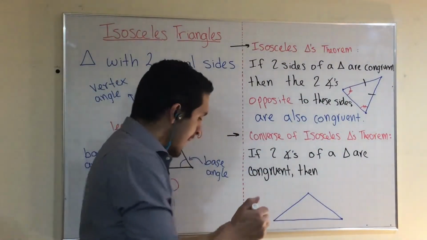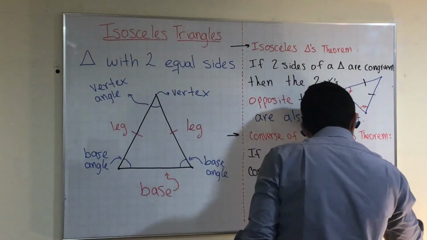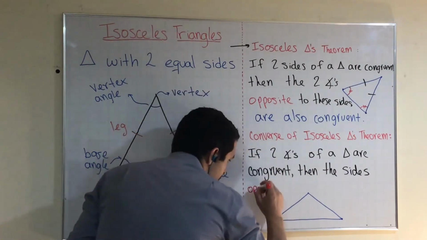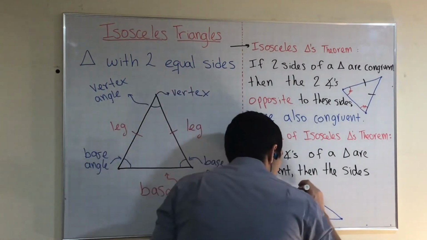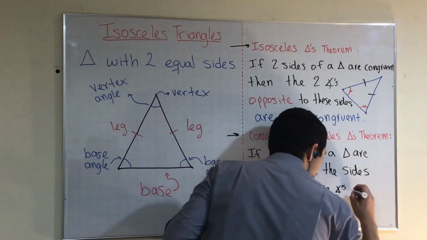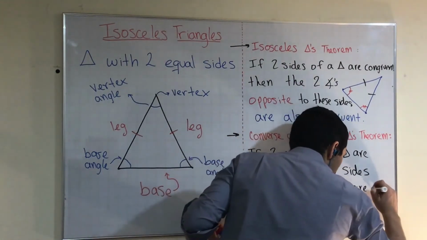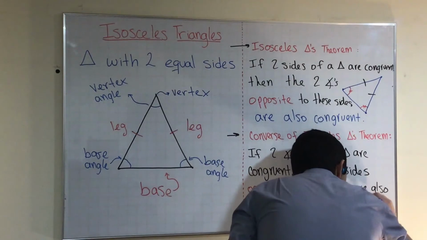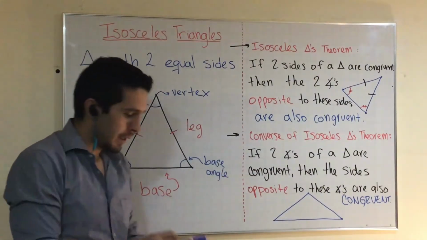If two angles are congruent, then the opposite sides, the sides opposite to these angles are also congruent. All right, let's see how it looks in the drawing.